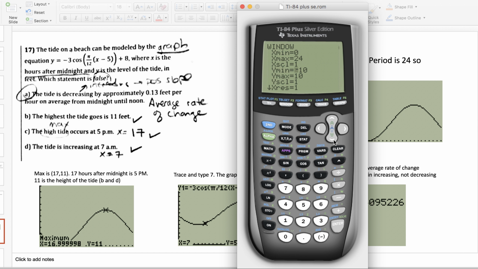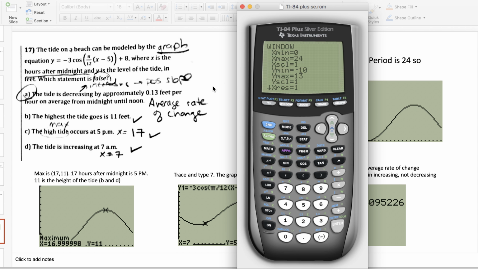Now, I know that the max is 11, but even if I wasn't sure about that, if I look at this answer choice, it says 11. So I'll probably make my y max a little bit bigger than 11, maybe 13, just so I can see a little bit more.